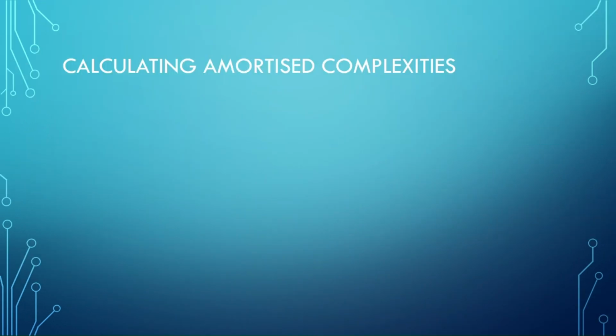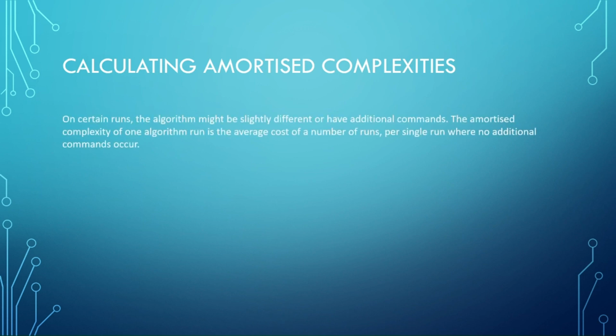So calculating amortized complexities, how might we calculate it? Let's have a look. On certain runs, the algorithm might be slightly different or have additional commands. Like before, the additional command might be growing the array instead of just inserting.